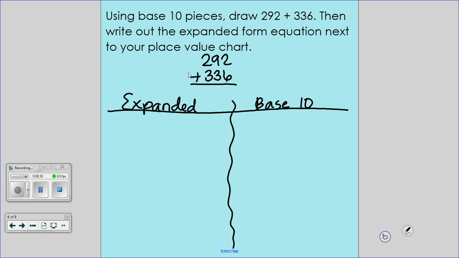We okay with that? So, remember when I said 5 seconds ago, don't do that? Great. Thank you. Alright, so if I was doing this in base 10, you are not drawing this. I would make my chart. I have my hundreds, my tens, my ones.